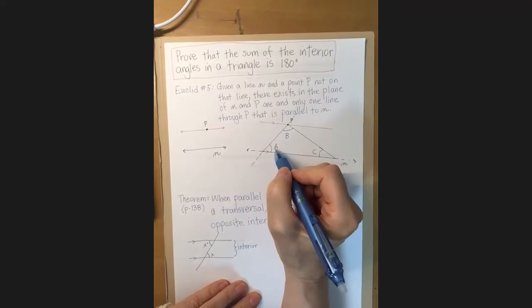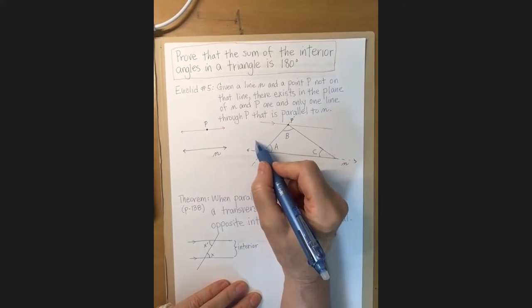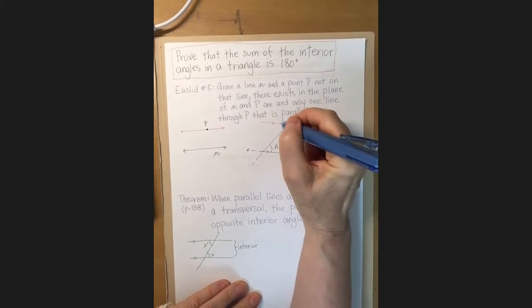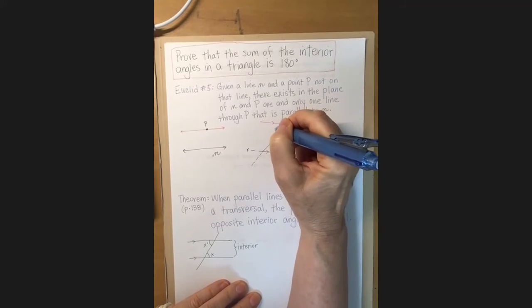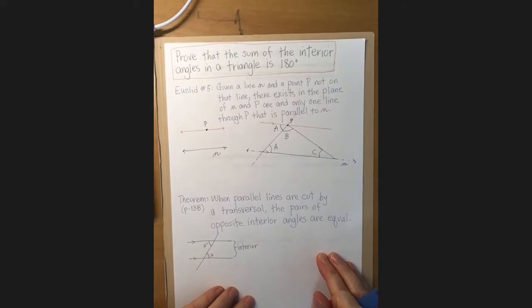So angle A is going to be equal to the angle on the other side of the transversal that hooks up to the other parallel line. So it's going to be equal to this one. That is the same as angle A, has the same measure.